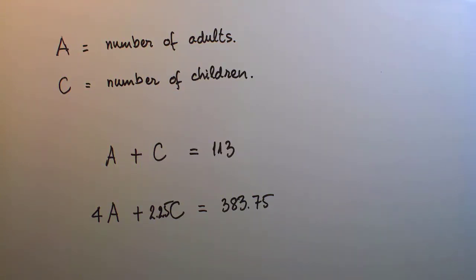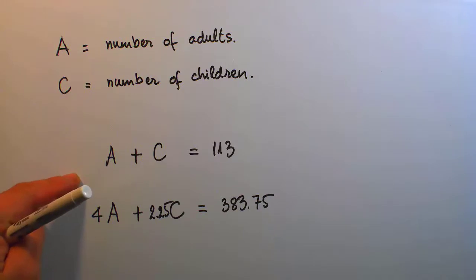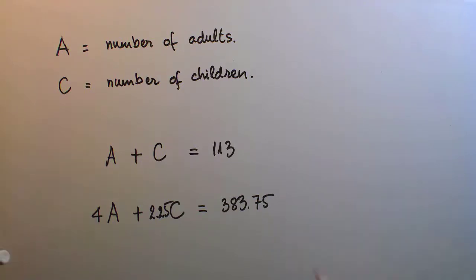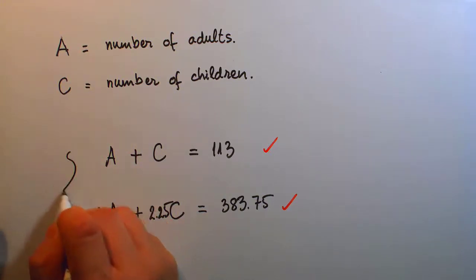As a quick check to ensure we are following the guidelines, we identified two variables and we have found two relationships. So now we know we are ready to go, and what we have here is a system of equations.